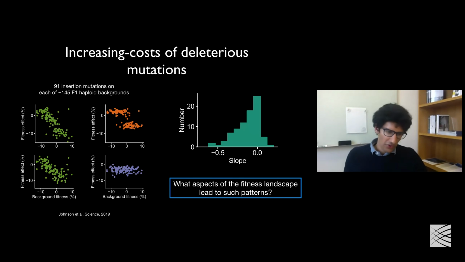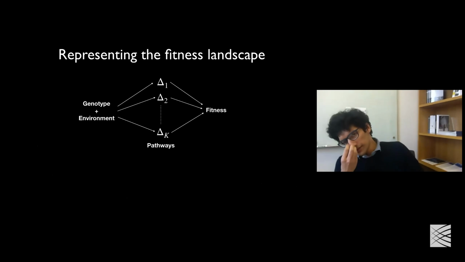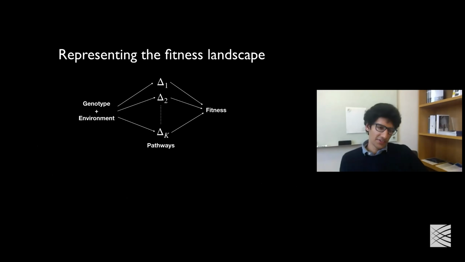Now, the general question that I will initially focus on is to ask what aspects of the fitness landscape actually lead to such patterns. If you think about the fitness landscape and representations of the fitness landscape, when we talk about a fitness landscape, we are thinking about a map between the genotype and fitness.